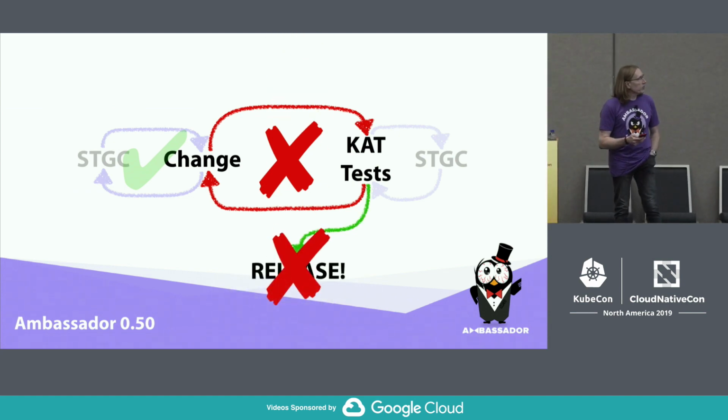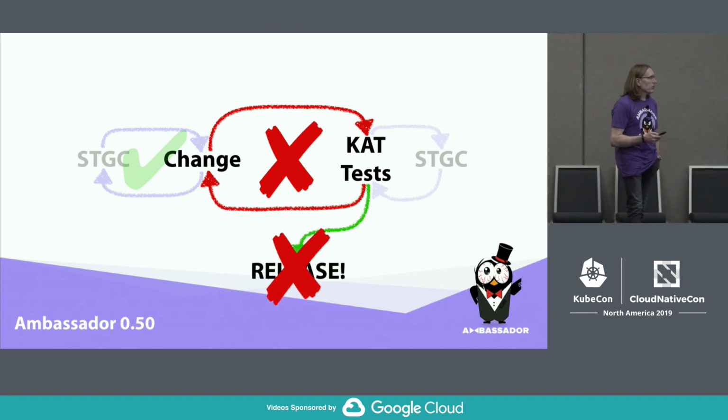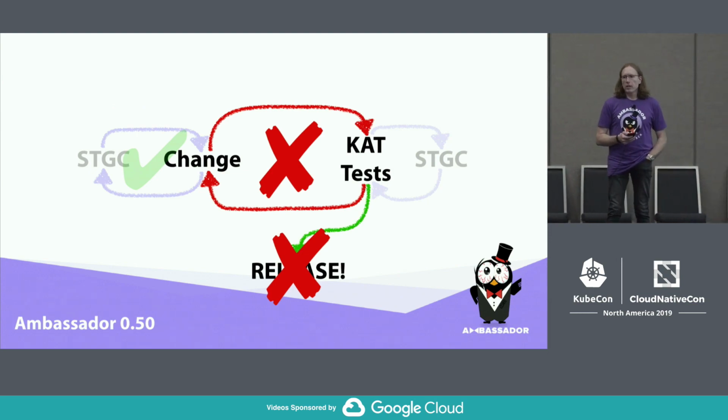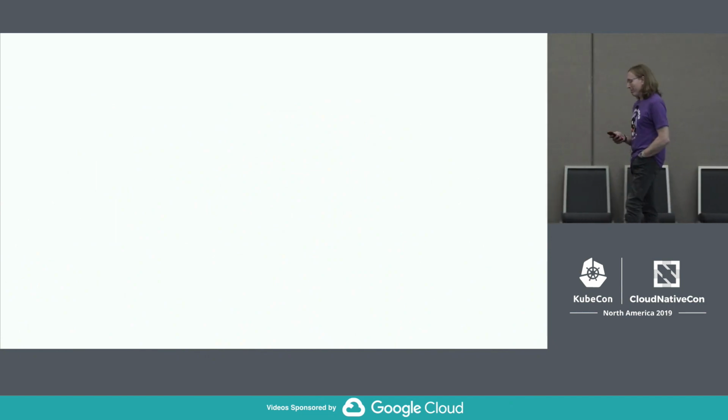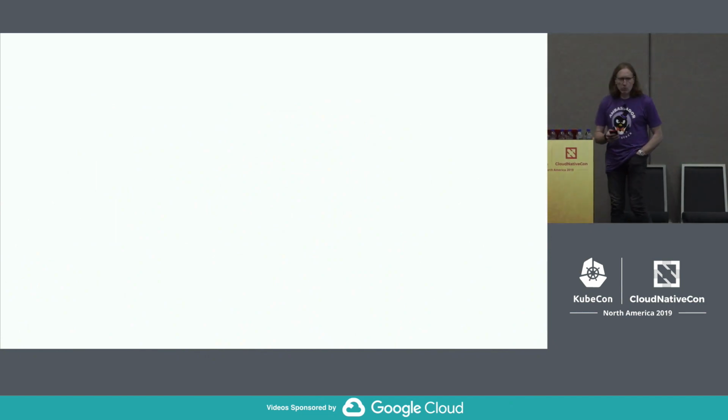And since there are only 2 kinds of code in the world, there's code that ships and code that is pointless, if you can't release, you got nothing. So that was a really good opportunity to sit back and think hard about what we actually wanted to do.